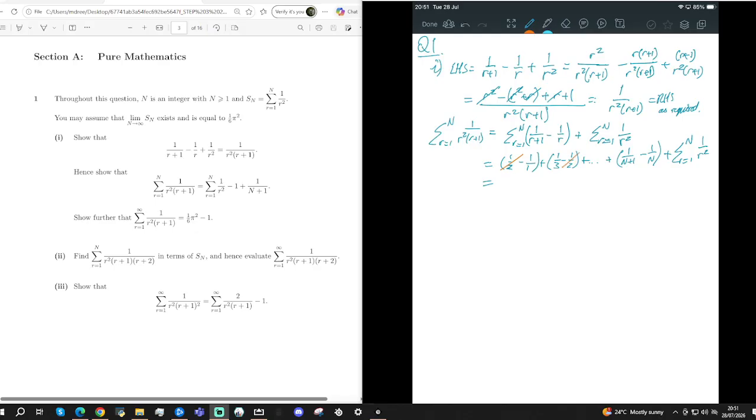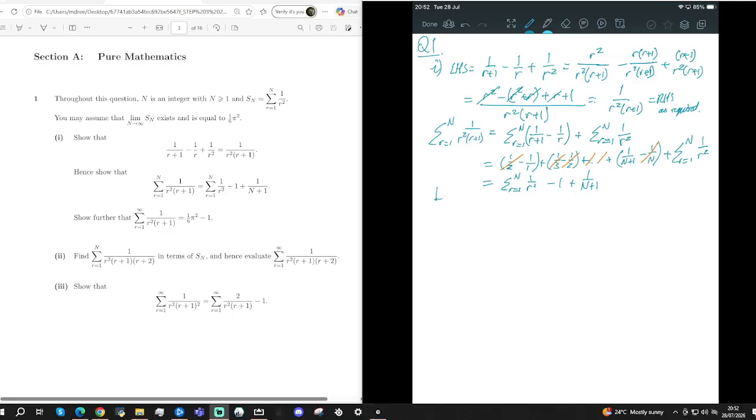This half cancels with the half in the next, the third cancels with the third in the next, all the way up to the 1 over n from the previous cancels with that minus 1 over n. So just checking in the order that the answer's given, we still have the sum of this 1 over r squared. We've got the minus 1 plus the 1 over n plus 1 from that telescoping series that got left behind, that didn't cancel.